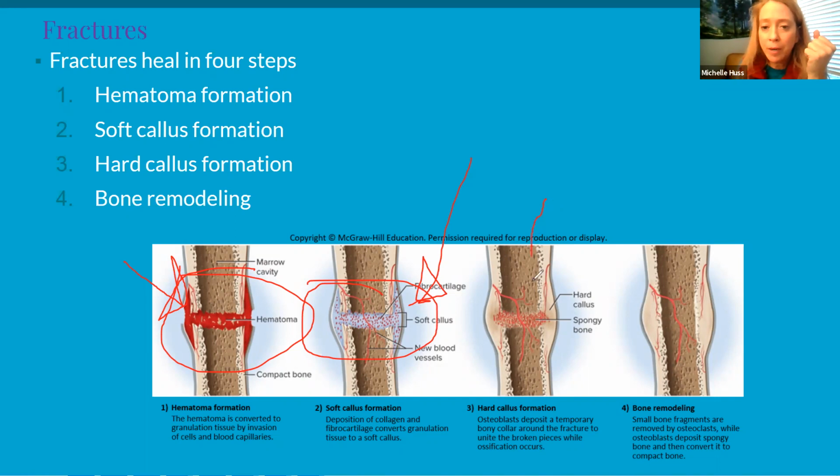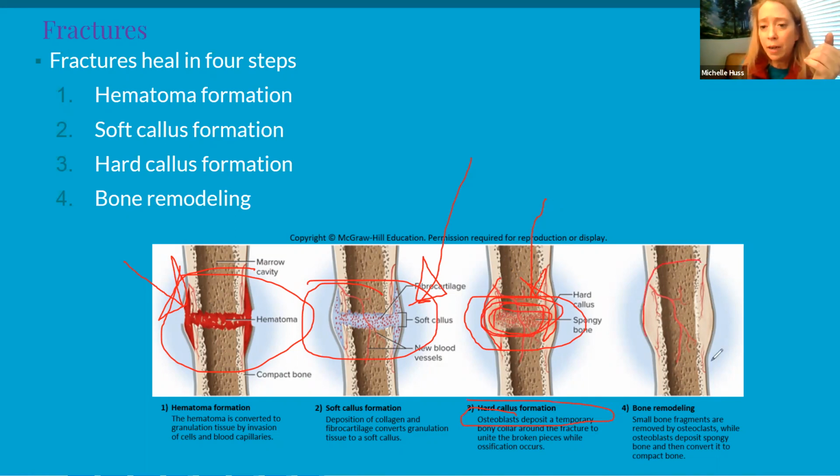This is the part that'll happen after you take off your cast, is you're going to start to make a bony callus. So osteoblasts are going to come invade in this area, and they're going to start to make kind of an unorganized trabeculae. I mean, they're going to just deposit a bunch of bone matrix.